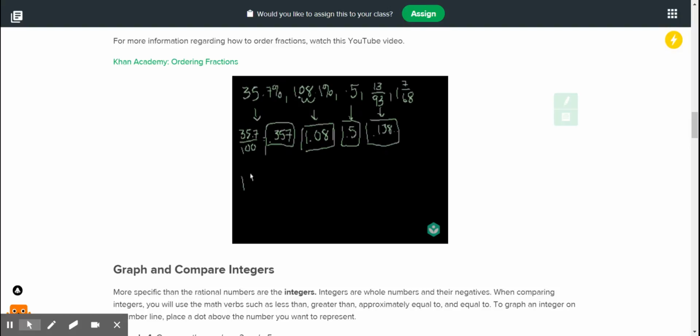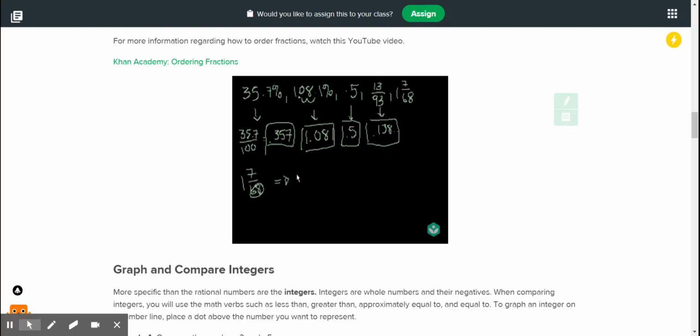So 1 and 7/68. To go from a mixed number to an improper fraction, you take the 68 times 1 and add it to the numerator here. Why does this make sense?